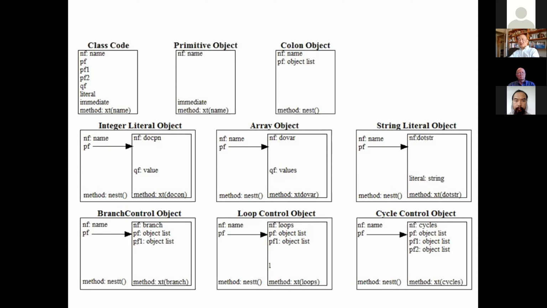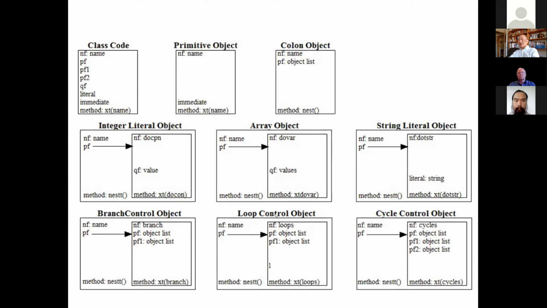If the stack is 0, then you execute the optional list in PF1. This way I can encompass the alternative paths in a single object, and that makes a branch object inside the object list.